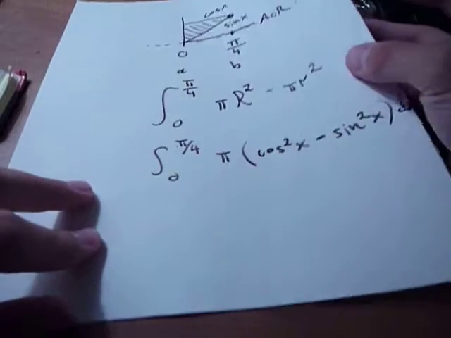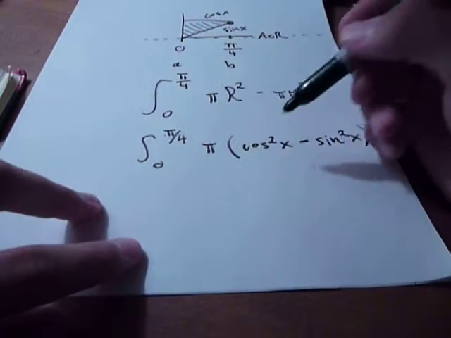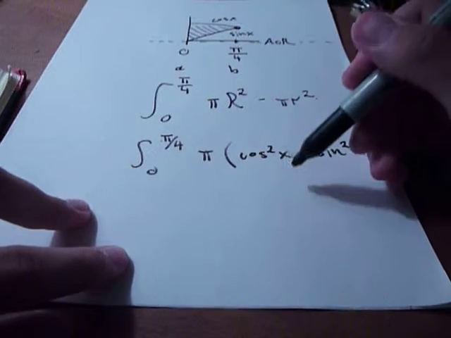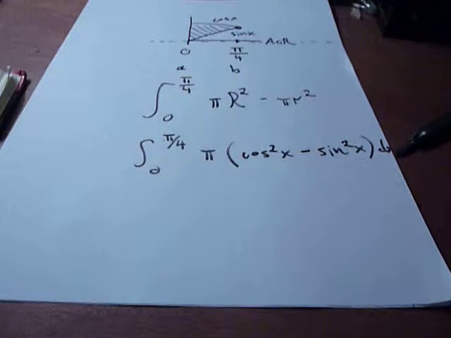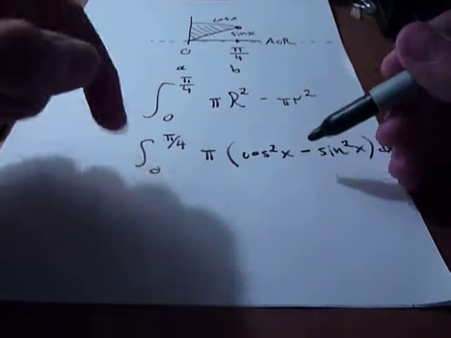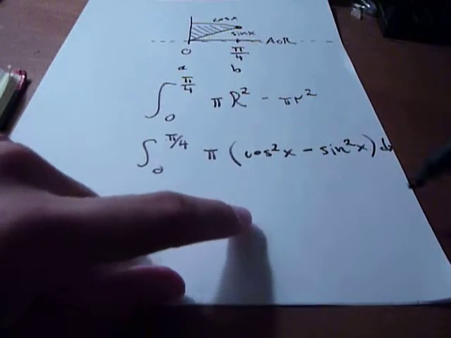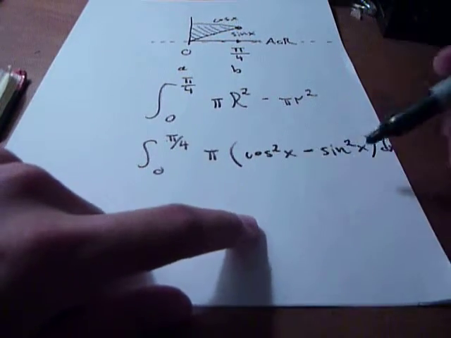Your next step after that is to use the cosine sine identity for trigonometry: if you subtract sine squared from cosine squared, you get cosine of 2x.